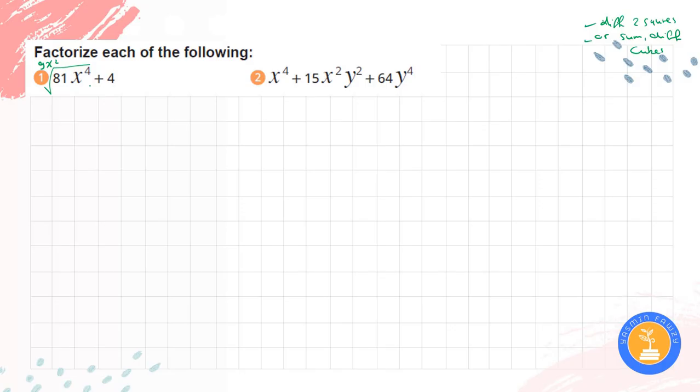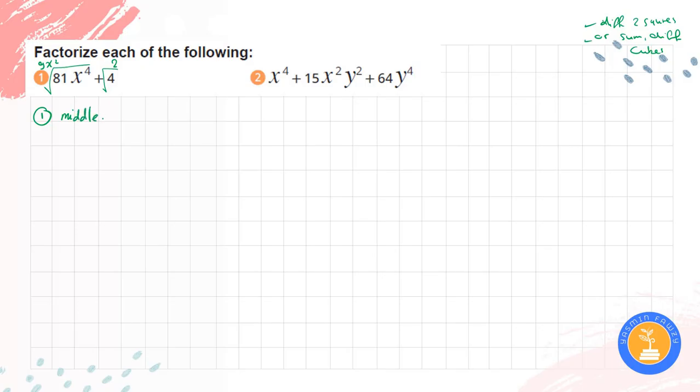How do I know? Because it has no variable, and it is a perfect square number. Again, we can find the square root of this number. Yes, it is 2. So if I want to complete this binomial to be a perfect square, I have to get a middle term. How can I find the middle term?